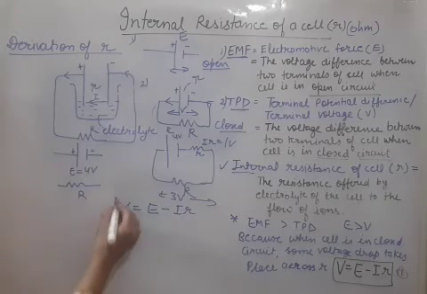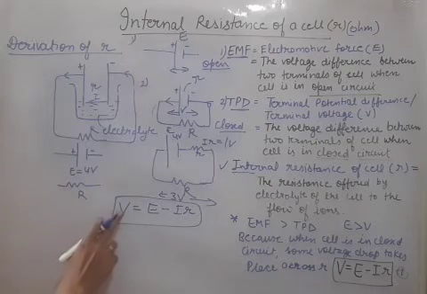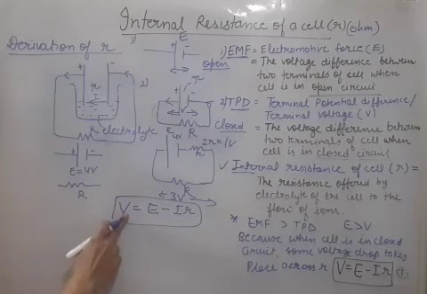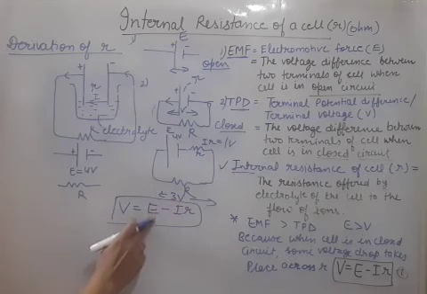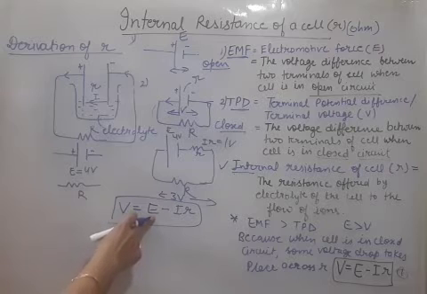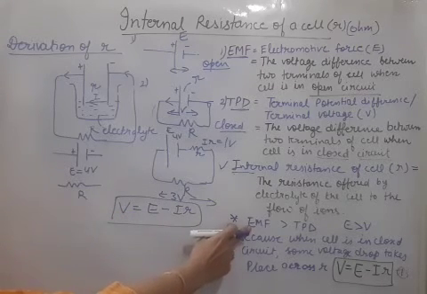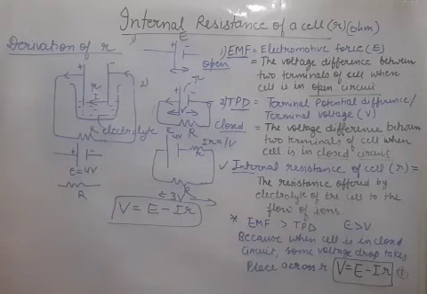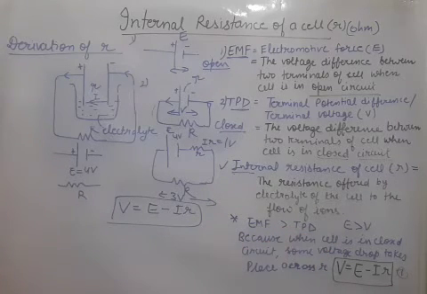So this way the relation among the three has been established. Terminal voltage V is obtained by subtracting the IR term from E. So E is the maximum voltage and V is always less. So EMF is always greater than TPD, or in short we can write E is always greater than V.